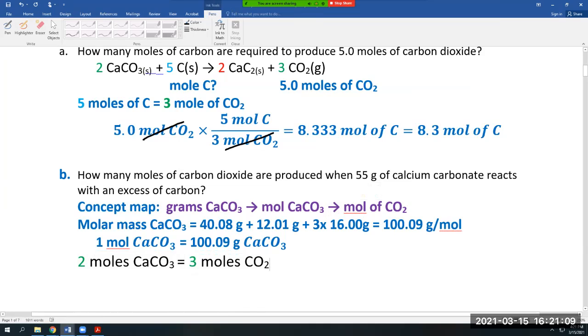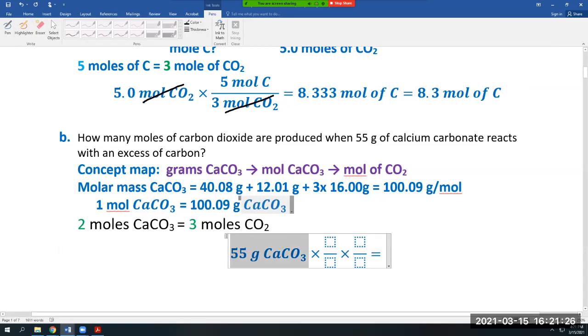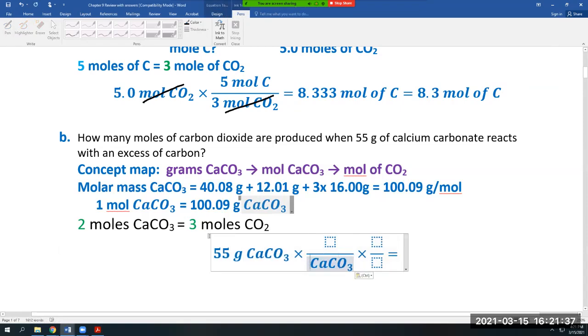So we can write the full calculation. And the full calculation will start with the given amount. And the given amount here is 55 grams of calcium carbonate. So let's write it together. So we have 55 grams of calcium carbonate as the given amount. And that's in the numerator. Because you have grams of calcium carbonate here, you want the grams of calcium carbonate in the denominator of the first conversion factor, right?